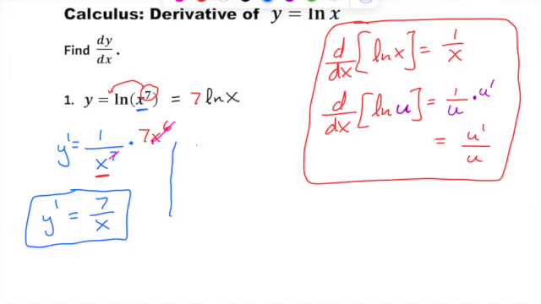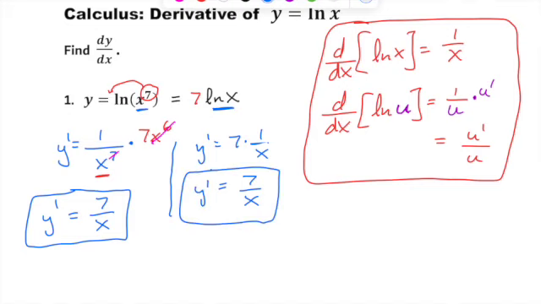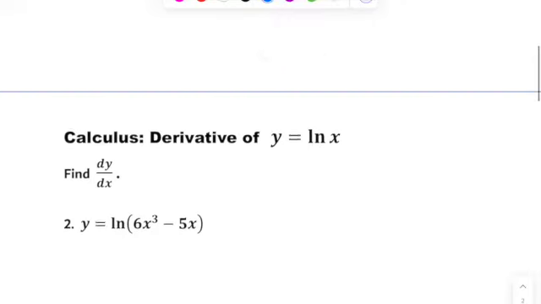Now when you do that derivative, you'll just have 7 times the derivative of ln of x, which is 1 over x. And so you get the same 7 over x that we got the first way. So either way, you get that same answer, and it's just kind of cool to know that you have options when you do that.